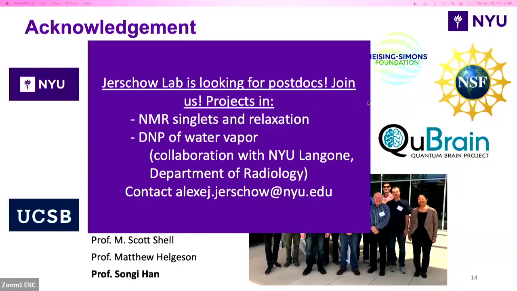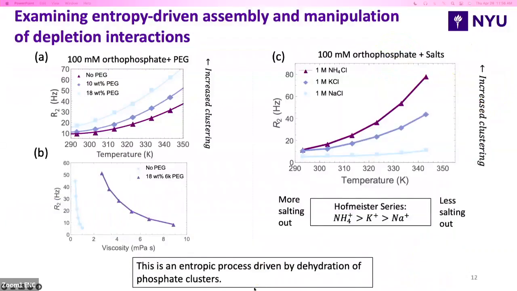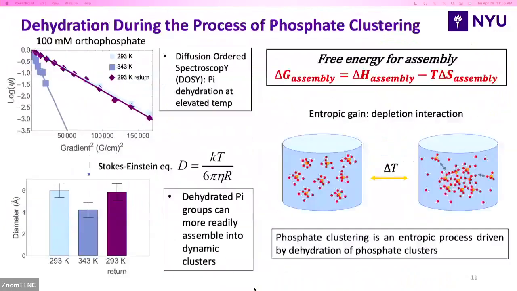I have a question about the discussion on dehydration. The diffusion data was showing basically faster diffusion at high temperature, is that right? Yes. So I'm wondering if there was any convection effect. You are using something like 70 degrees, right? Yes. The convection effect in a diffusion experiment can be quite significant.